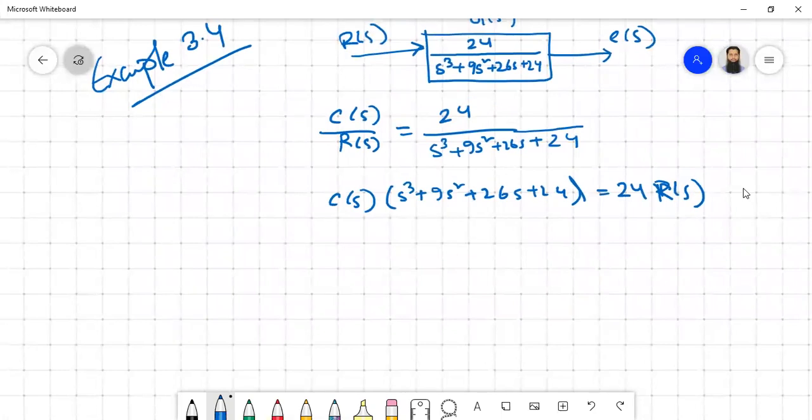Okay, so just multiply. C(s) into s cube is nothing but the third derivative of C(s).